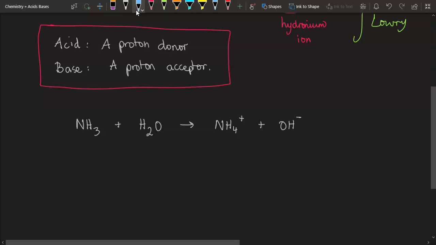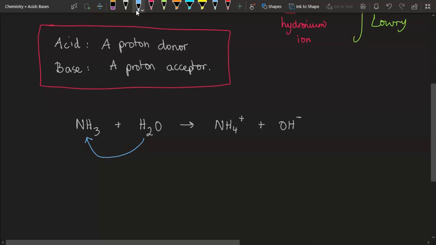It gains it from here. Remember, these two molecules are reacting. So the H plus actually moves from here to here. That makes sense because NH3 ends up becoming NH4 positive. So it increases by a H plus.